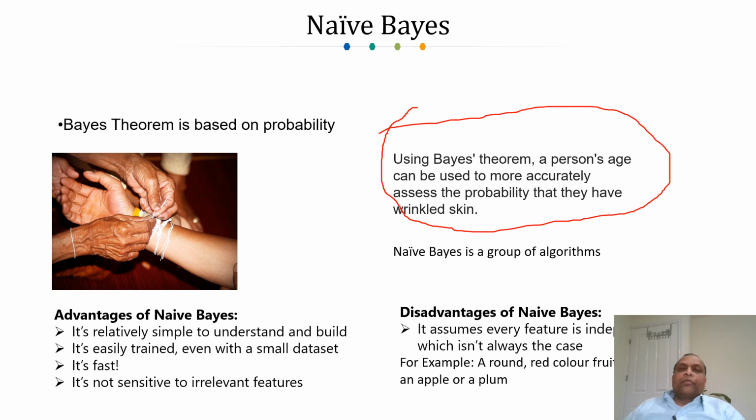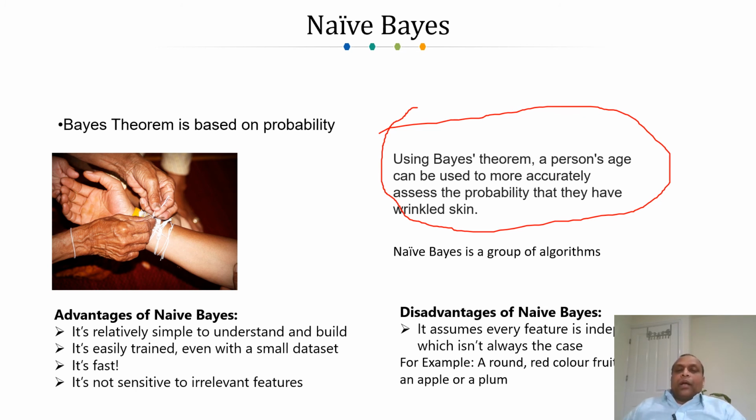Or you throw a coin. What is the chance of the coin showing up heads or tails, if it falls back on the ground? So Bayes theorem is all about possibilities, probabilities, chances, and all these kinds of things.